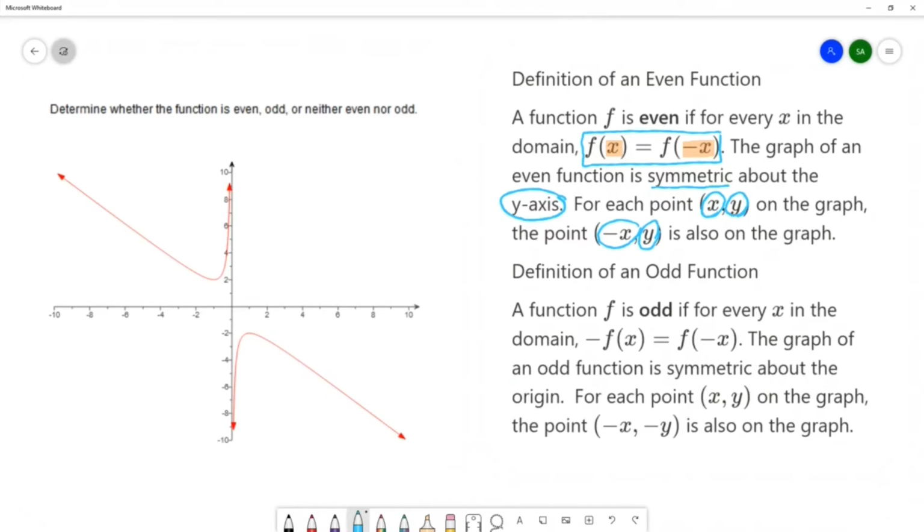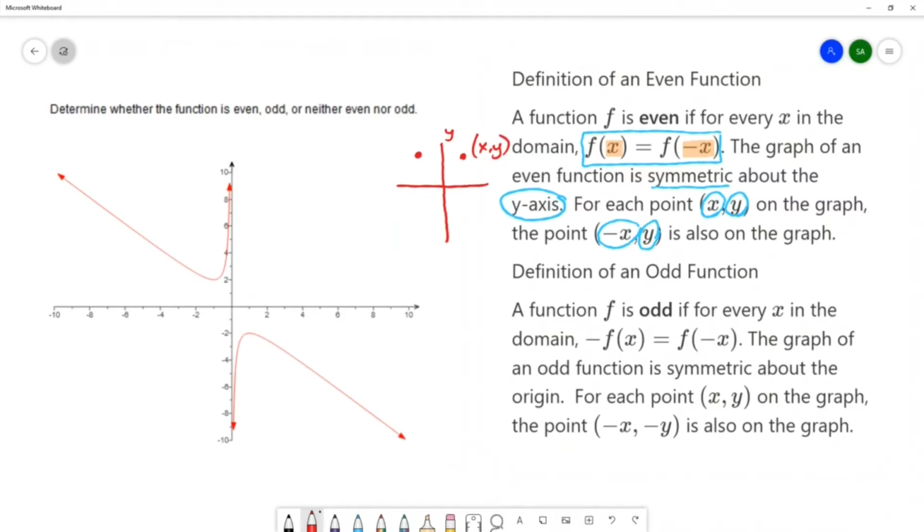So let me give you a picture representation of this. If you have y-axis symmetry, the y-axis is the vertical axis, then if you have a graph and the graph is symmetric about the y-axis, for any point to the right of the y-axis that would look like x, y, you would have a mirror of that point over the y-axis.